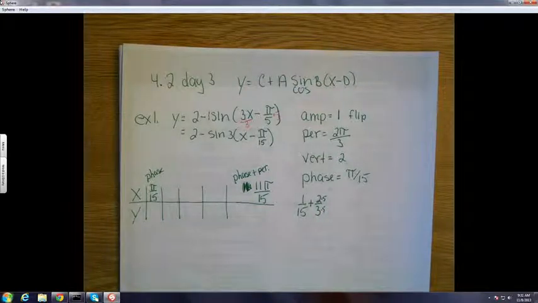Now do your averaging to get the middle. Midline, Mackenzie.